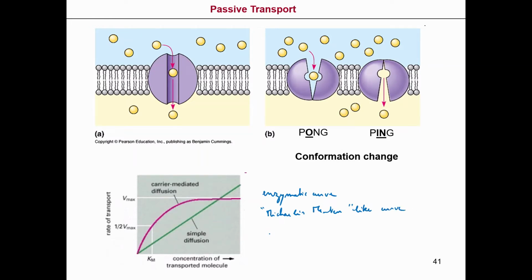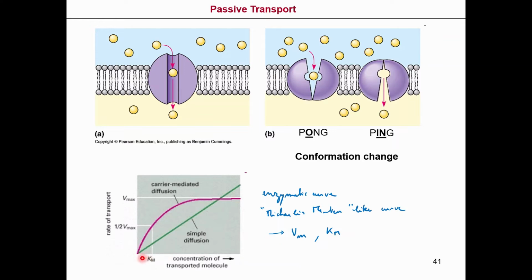Okay, so that's why we can measure a maximum rate and a Michaelis constant. The Michaelis constant will indicate the specificity of the substrate for the transporter, and the maximum rate.